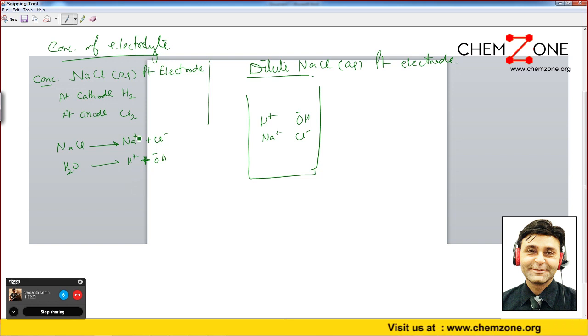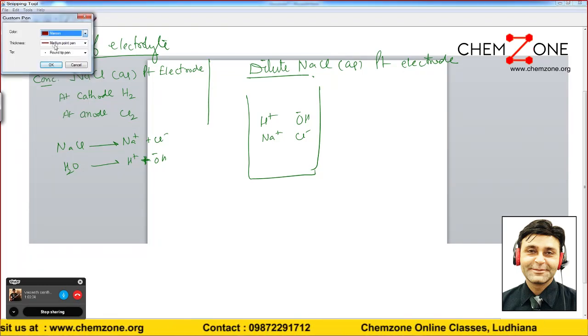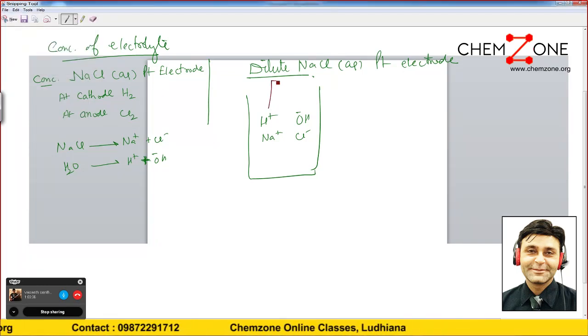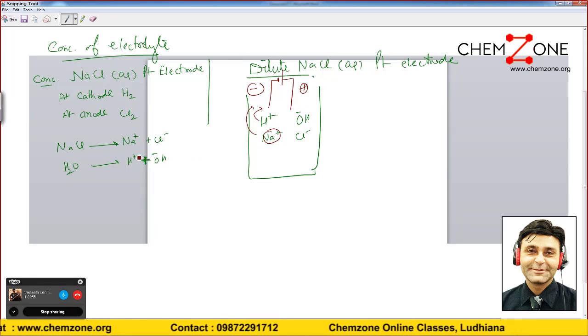Now, when we pass current here, the cathode is negative. Towards the negative, H positive and Na positive both are moving. But Na positive is very, very less in amount, and moreover, hydrogen has a higher reduction potential.